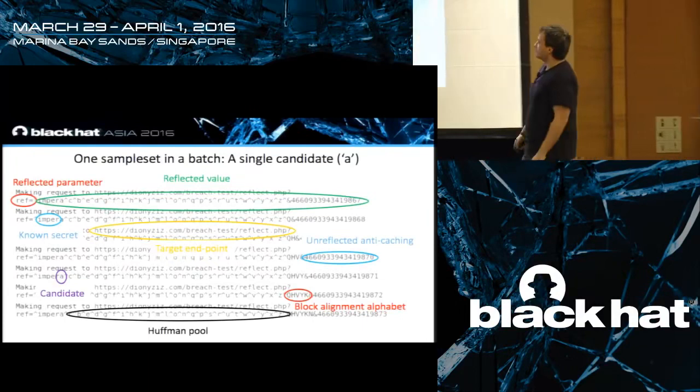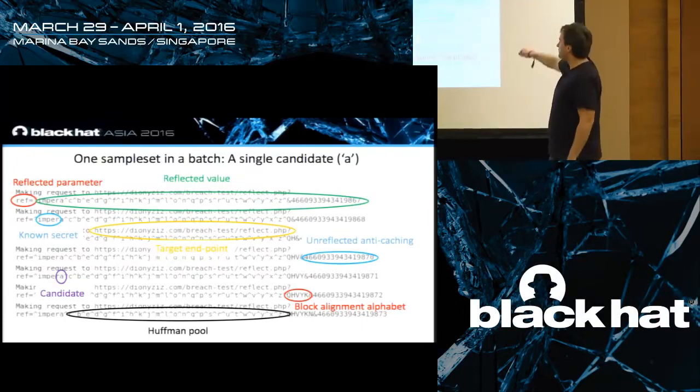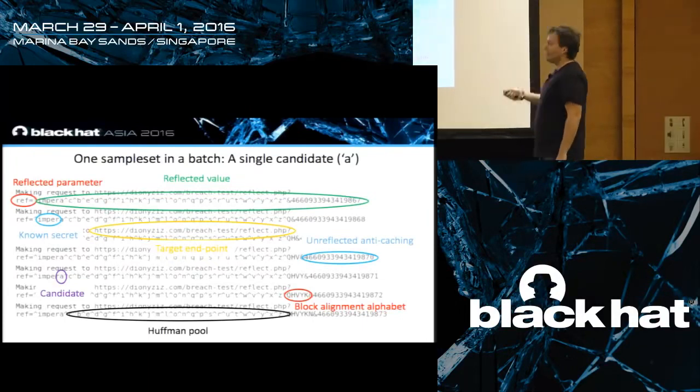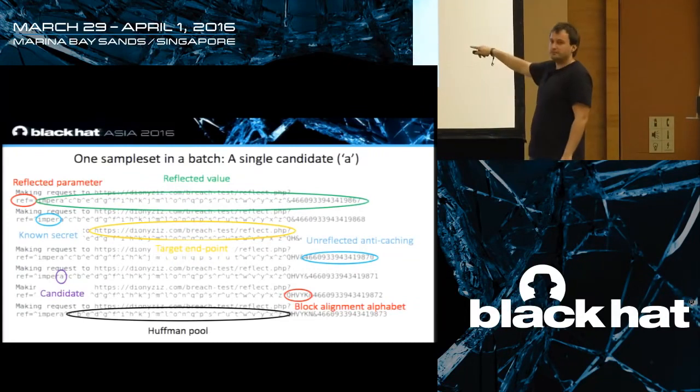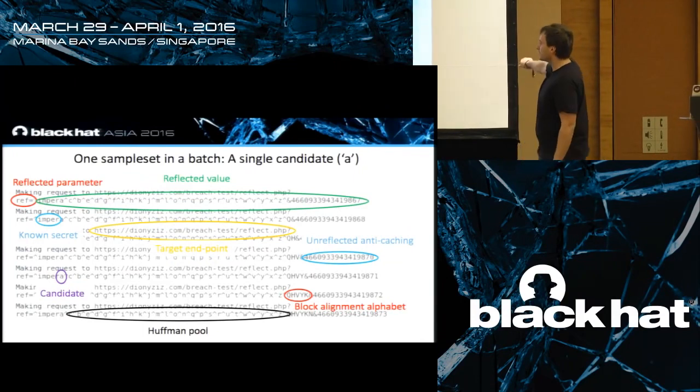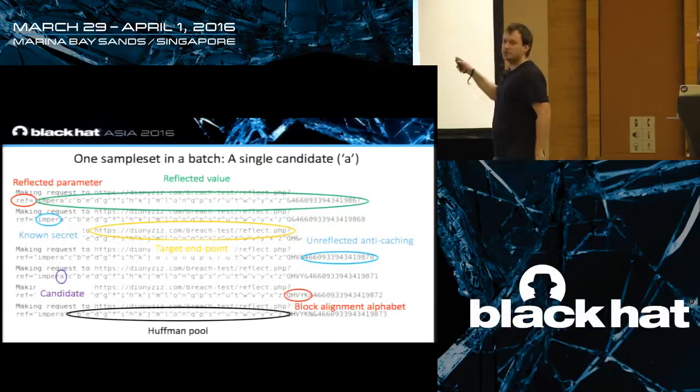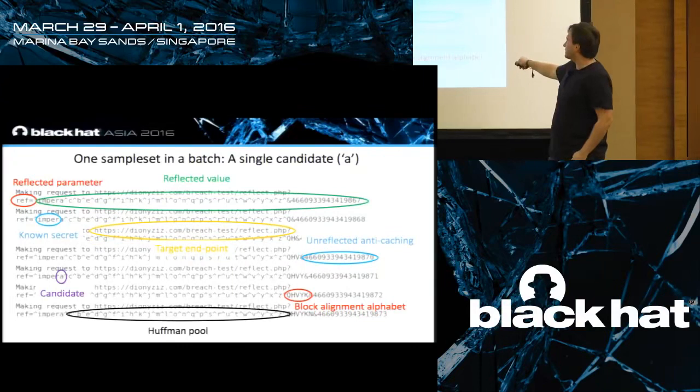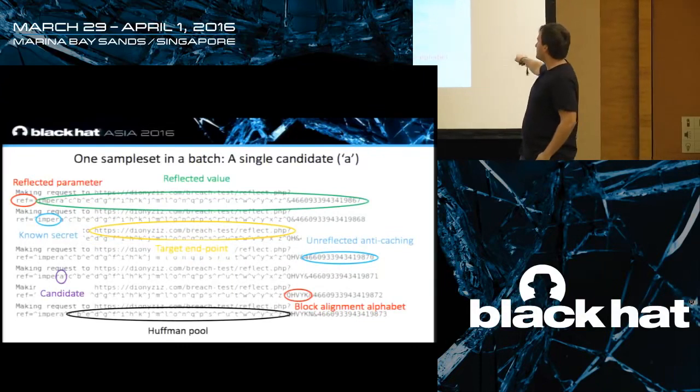So, okay, this is a bunch of requests that we're doing, so you can see them in the background. I'm not sure if you can see the exact URLs here, but these are the base URLs, and this is the reflection that we're using. If you can't see it, it's okay, I will read it. So this is the target endpoint. It's just a PHP URL in this case.